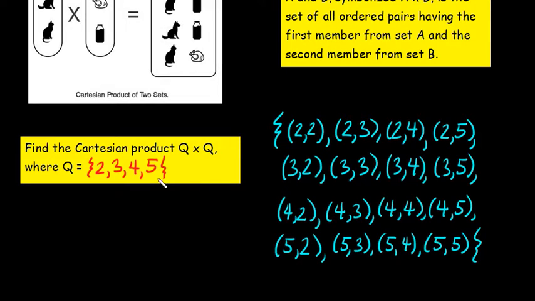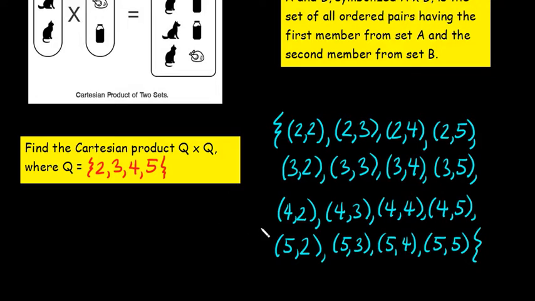Well, if there's two sets that look just like this, I would have a 2 and a 2, a 2 with a 3, a 2 with a 4, and a 2 with a 5. And then if I moved to my 3, I would have a 3 with a 2, a 3 with a 3, a 3 with a 4, a 3 with a 5. And remember, there's two of these because we're doing two of them together. I just didn't write it twice. We don't need to because it's the same thing.